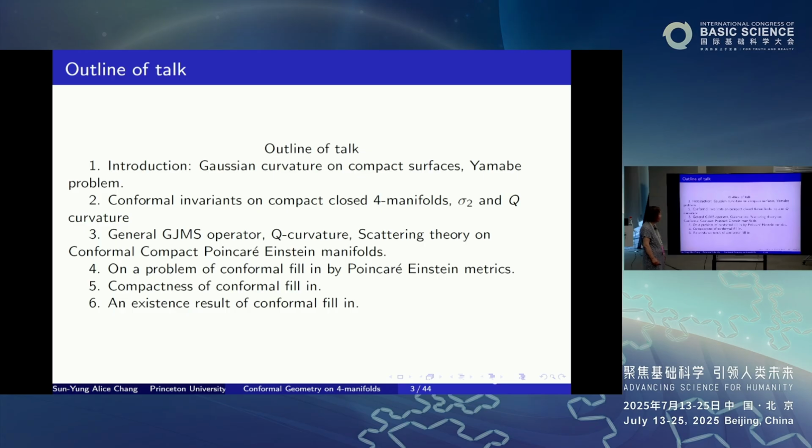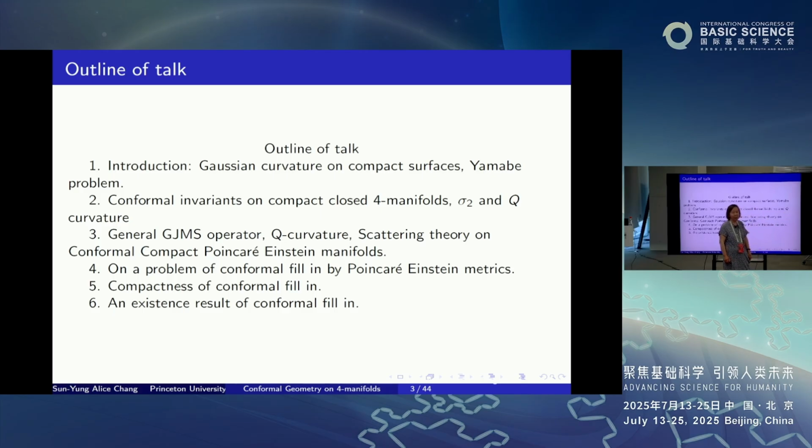In my talk, I will first review the Gaussian curvature on compact surfaces, since everybody knows it, and briefly talk about the Yamabe problem. Then I talk about conformal invariance on closed four manifolds. One particular curvature I will talk about is sigma 2, which I will explain, and some Q curvature.